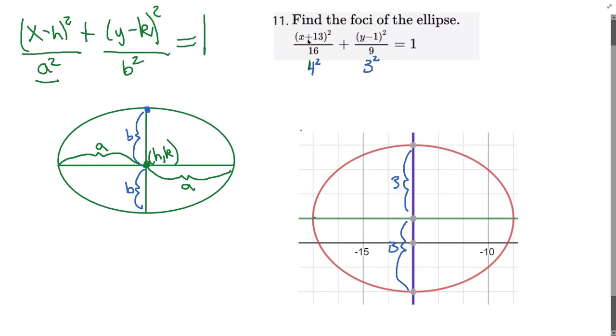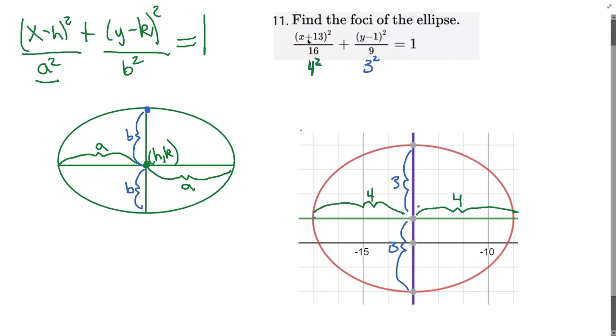I'll make this green just to make it more clear. That is 4, along with its counterpart on the other side, which is also 4. So we know that this is 3, 3, 4, 4.